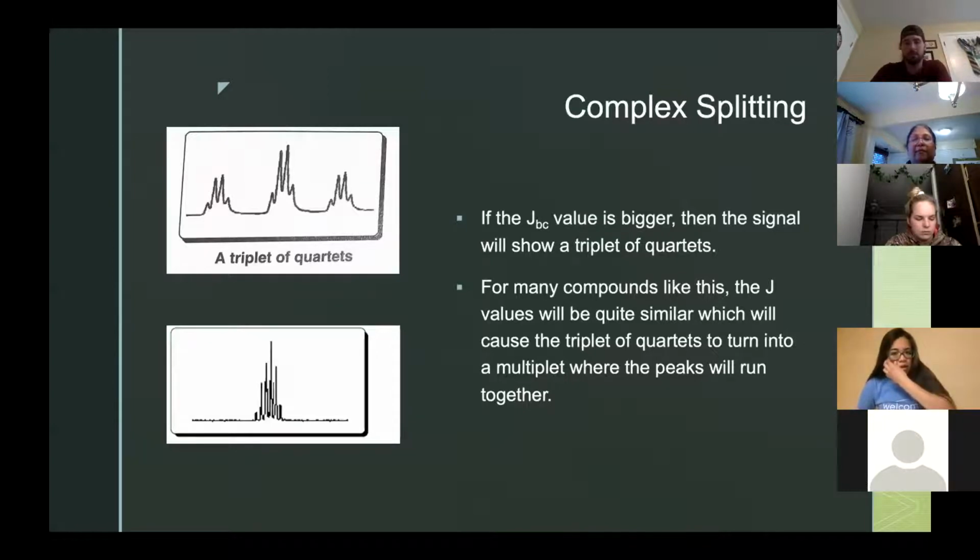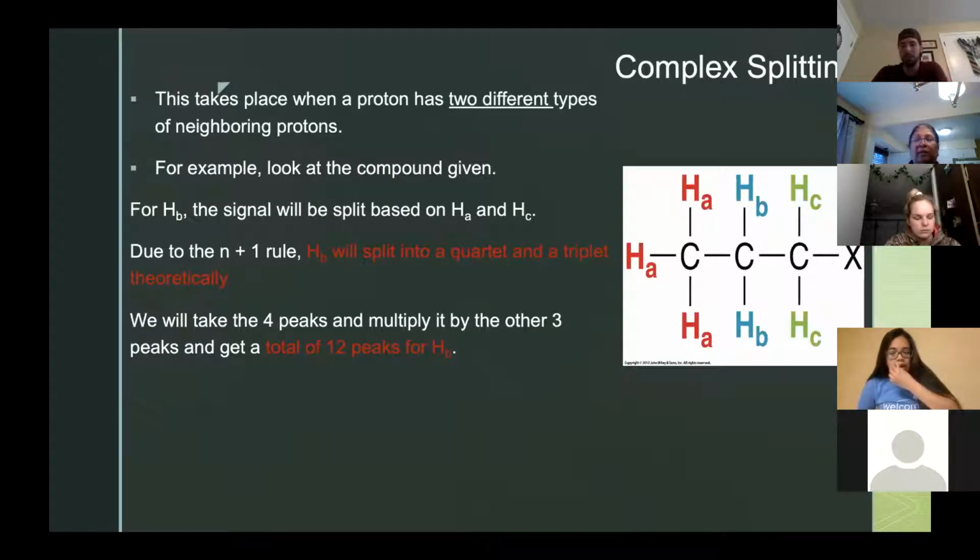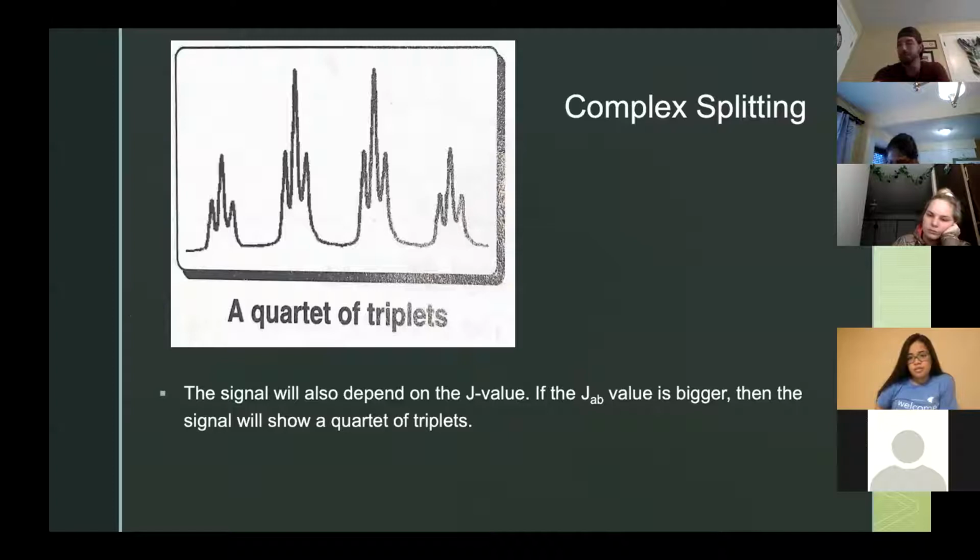So if the J value of AB is bigger, and HA was the only thing affecting HB, it would appear as a quartet. You'll still have 4 peaks, but each peak will be a triplet because of the other group that produces triplets.